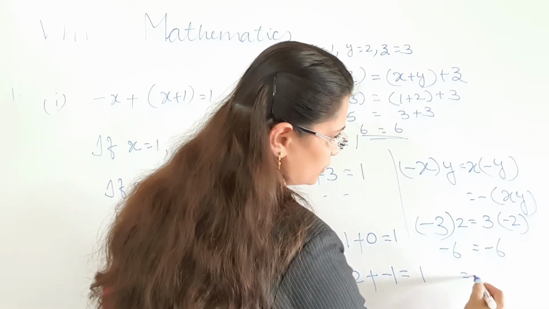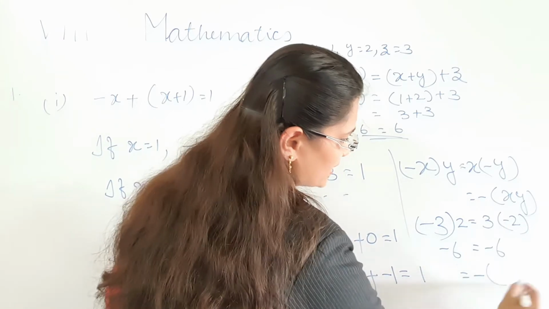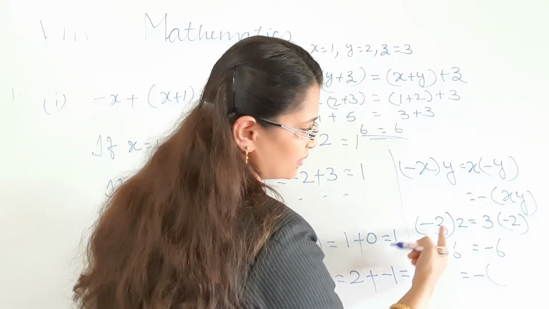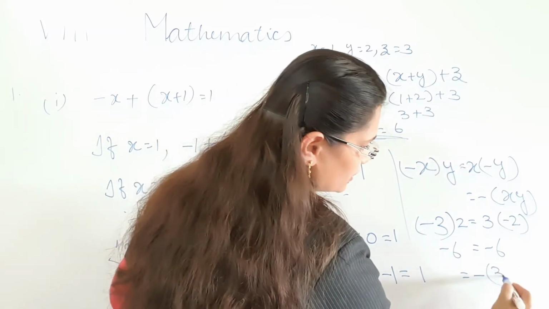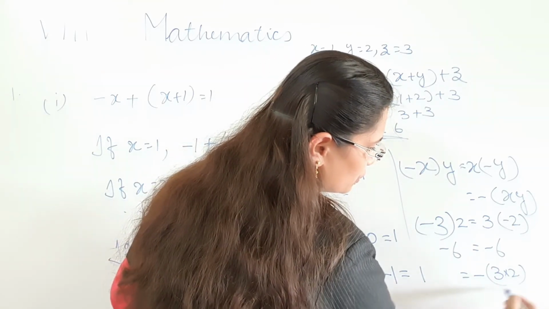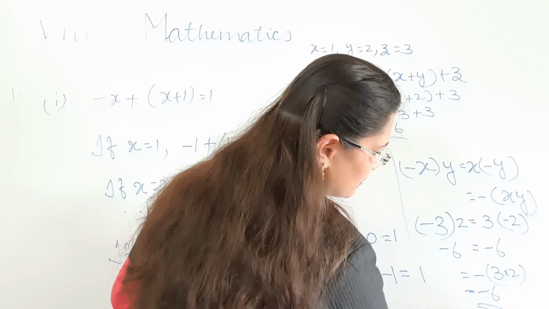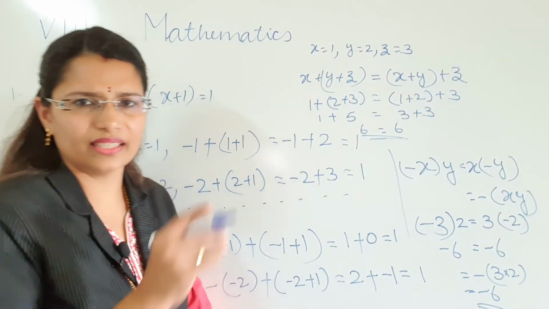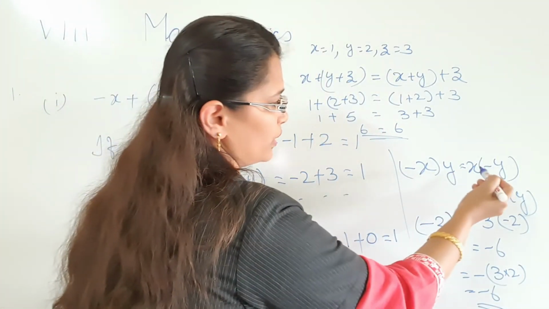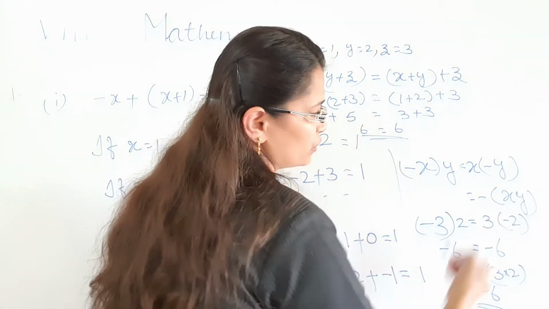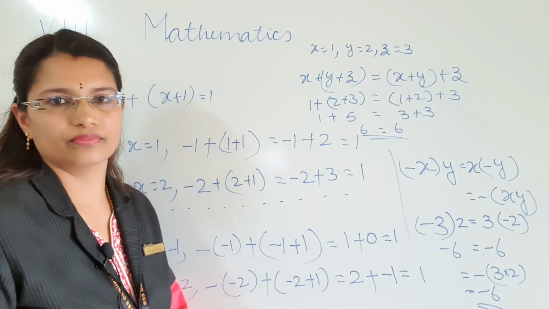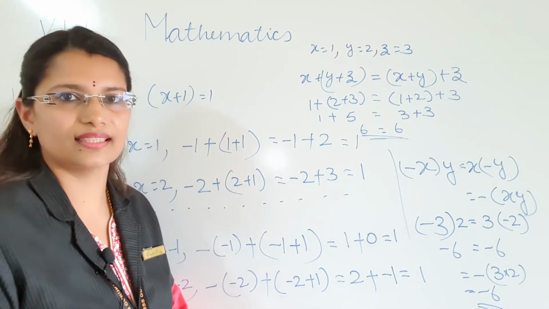That means it is equal to minus of x into y. What is x? 3 is x and y is 2. Minus of 3 into 2, that is equal to minus 6. See, nothing, minus of x into y is equal to x into minus y is equal to minus of xy. That is it. Is this clear, children?